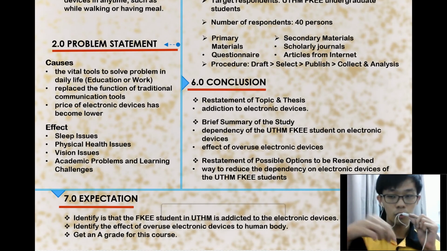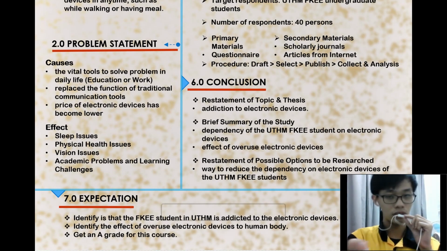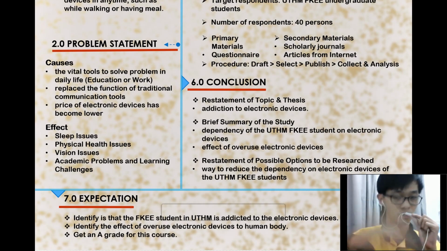Maybe for this one, we will do some literature review. For the last expectation, I think most groups also have this expectation, which is to get an A grade for this course. Even though Miss mentioned in the first lecture that it is difficult to get an A from her, we still hope that we can get an A for this course.